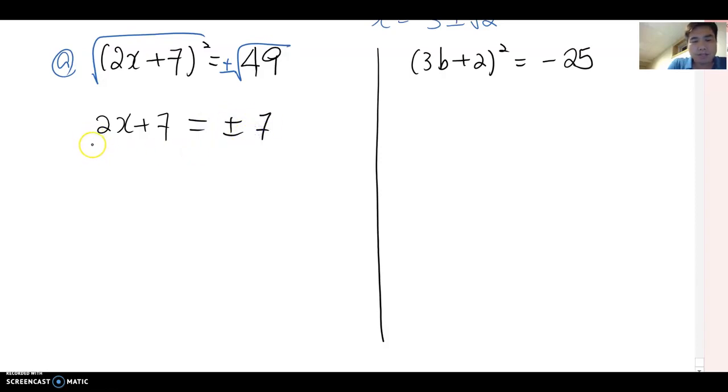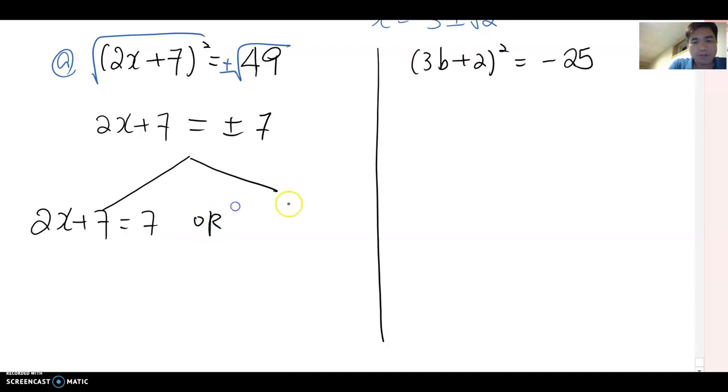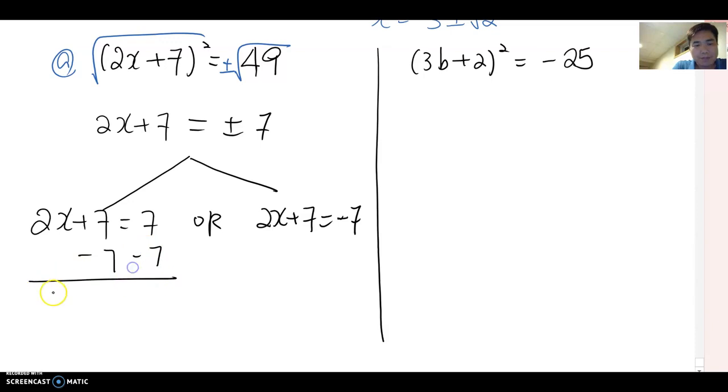Now, since this is a rational form, you can divide this into two different cases here. So 2x plus 7 equal to 7, or 2x plus 7 equal to negative 7, and you solve for x. Now subtract 7, then this becomes 2x equal to 0, and divide by 2.